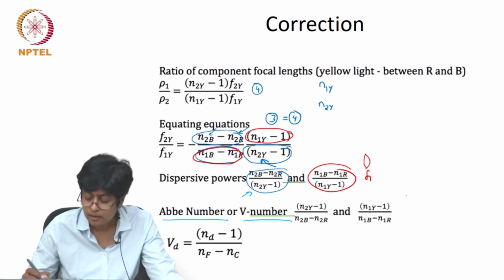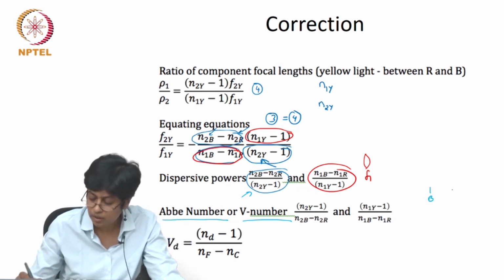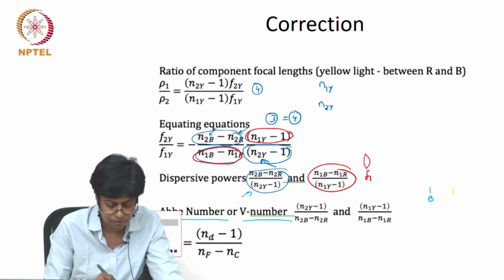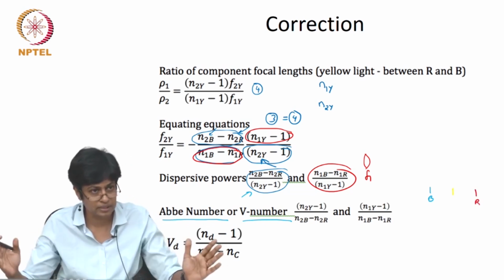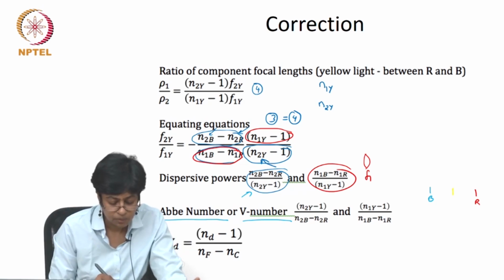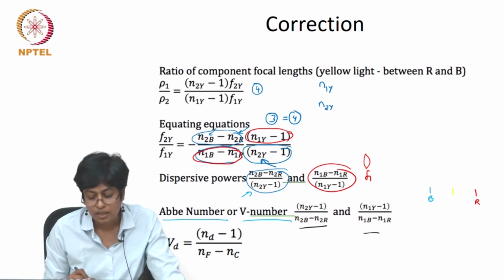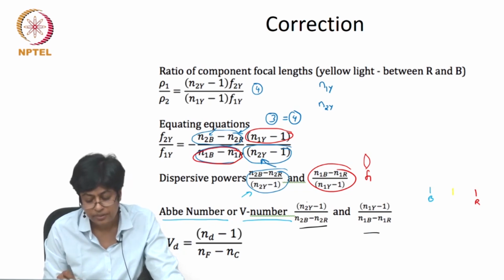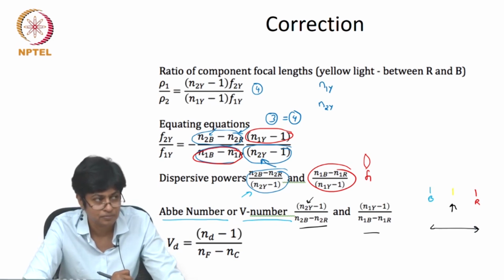If I look at the spread of wavelengths, I have blue, I have yellow, and I have red. That's how the wavelengths are spread out. And this relationship is giving us the difference between the yellow or the middle refractive index and 1, divided by the difference between these two refractive indices.